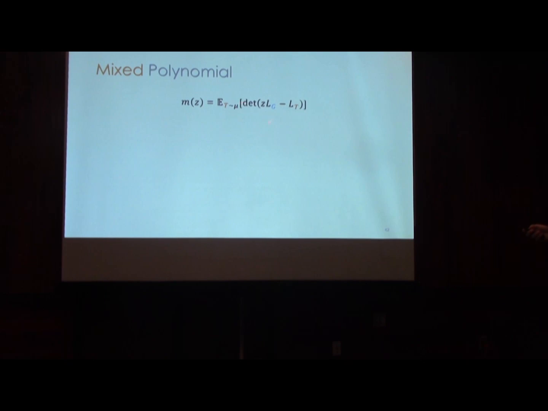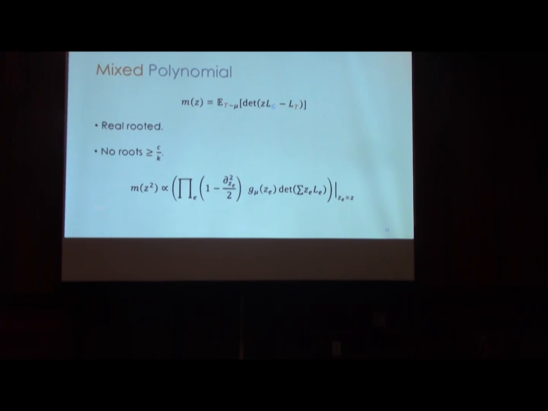So I'm going to be dealing with this mixed polynomial. The expectation I showed on the previous slide. I'm taking the expectation of a bunch of polynomials. The expectation is over this variable T. We call this polynomial M. We're going to be showing that this polynomial is real rooted and that it has no roots bigger than c over k.